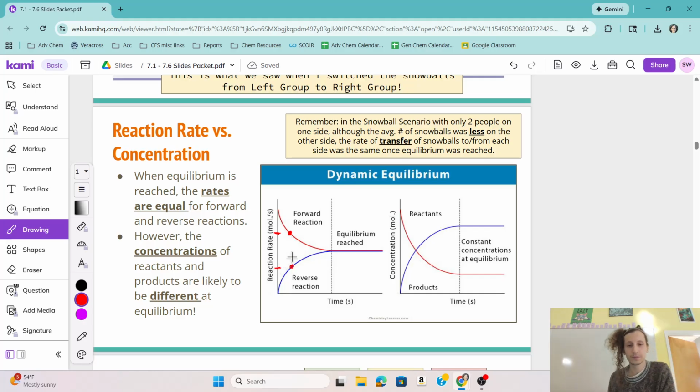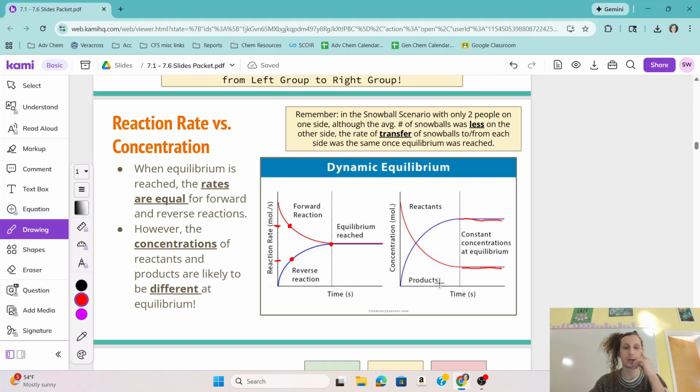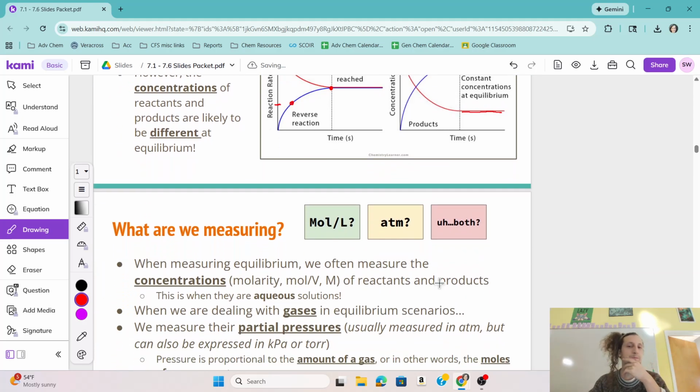So I'm going to see these things starting to close the gap to reach equilibrium. Once they have reached time B, wherever this occurs, the rates are equal, and at that point I see no net changes in the concentrations of either reactants or products, and that's what we see over here. But again, the rates are by definition equal.